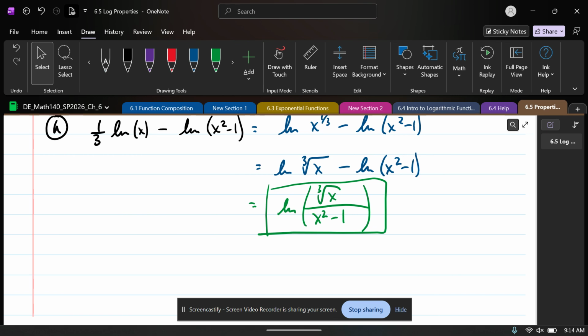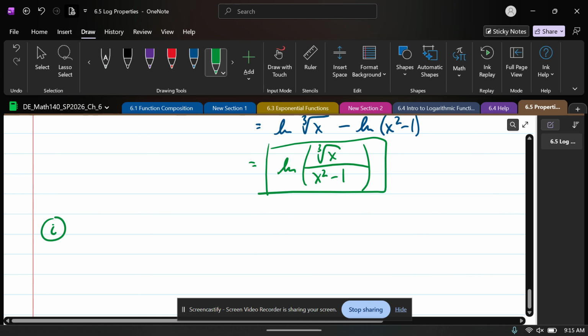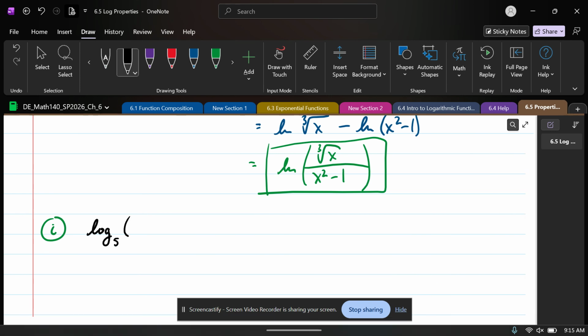All right, let's get one that's got like 4 parts to it. Because remember, those are kind of like the biggest ones, okay? So let's say we had log base 5 of x minus log base 5 of x minus 3 plus log base 5 of x squared plus 2 minus 2 log base 5 of y.